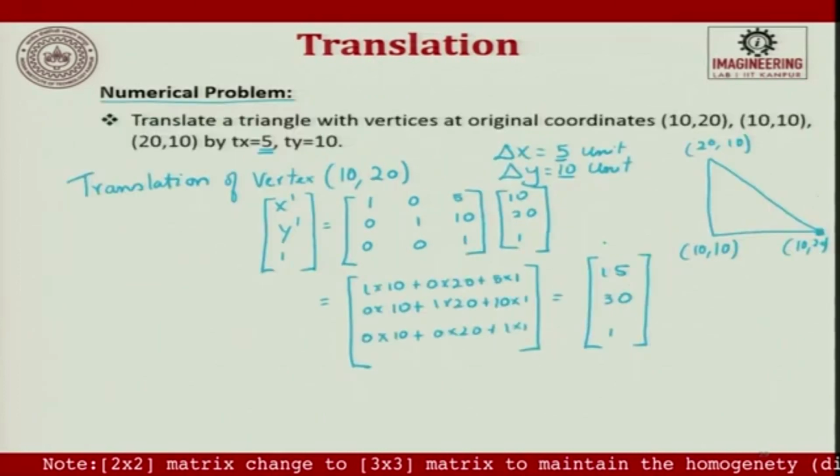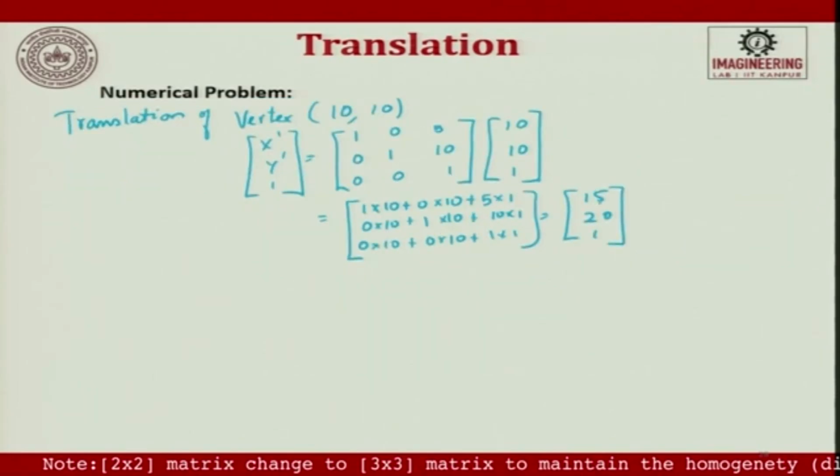I would like to check whether I made a mistake. So, 1 20 10, this is 20 and 30, yes. So this is the translation of vertex 10 cross 10.